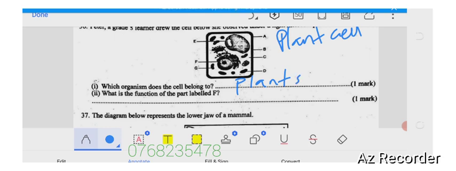What is the function of the part labeled F? I believe the part labeled F is the nucleus, and the main function of the nucleus is to control all the activities of the cell.